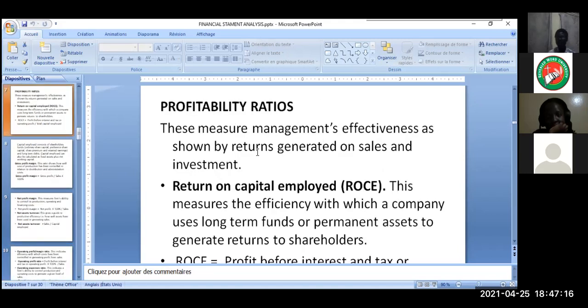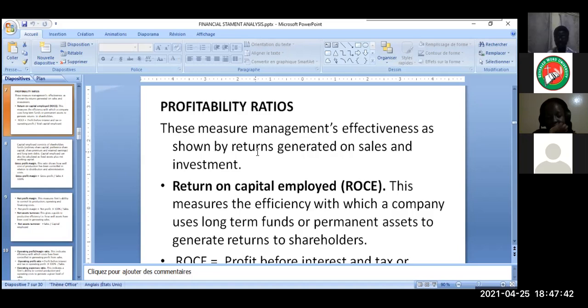We also have ratios to calculate profitability. Remember, we saw types of organizations and how to calculate a financial statement for them, especially for profit organizations.